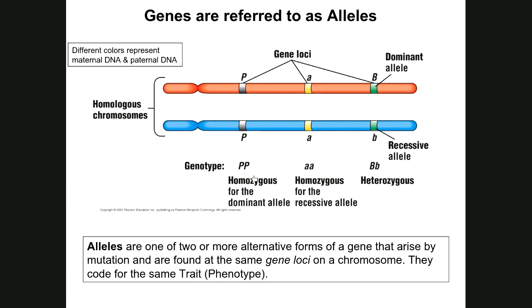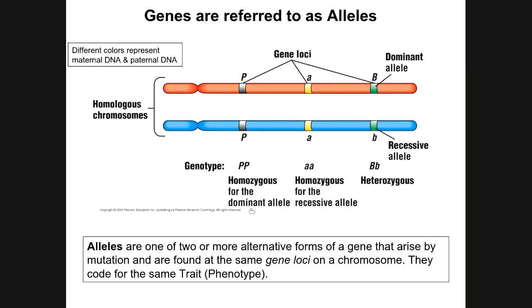Whenever we have at least two different forms of a gene that code for that same one trait, we not only call them alleles, but if all it takes is to inherit just one copy of one of those forms to determine your phenotype, then we refer to that allele as a dominant allele.